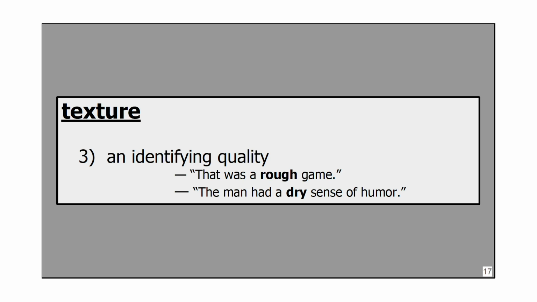We identify things that have moisture as soft or squishy, like a tangerine. But the man's sense of humor was the opposite, being without moisture or dry, like a piece of toast. Remember, we often write texture to clarify the quality of something as opposed to other things.